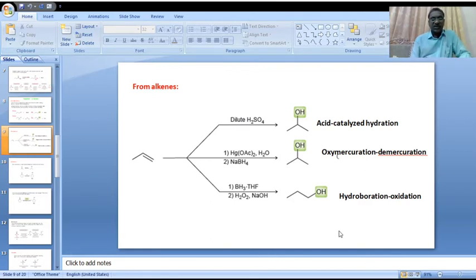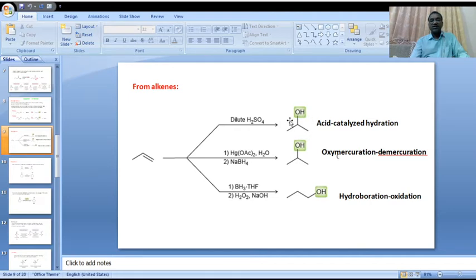From alkenes or olefins, this type of reaction. Here, olefin or alkene, propylene, propene, in presence of dilute sulfuric acid, undergoes an acid catalyzed hydration reaction.